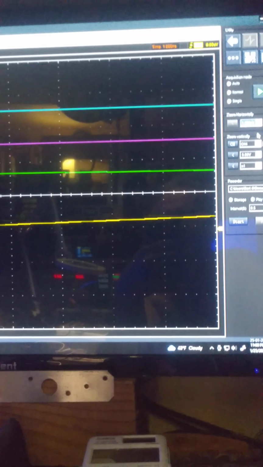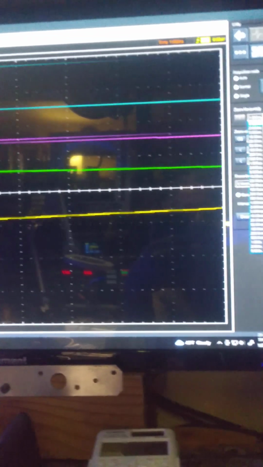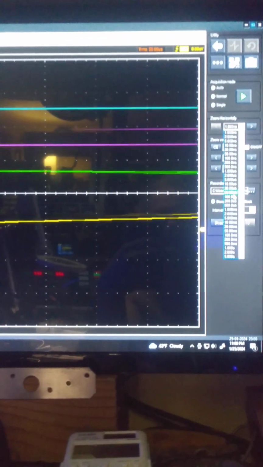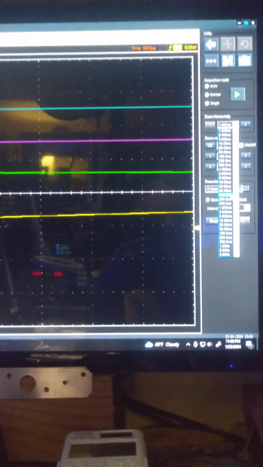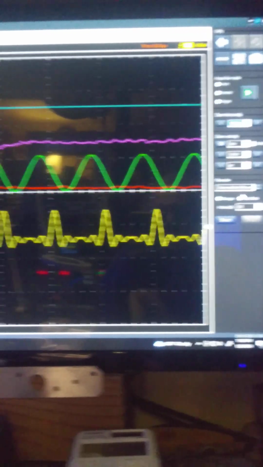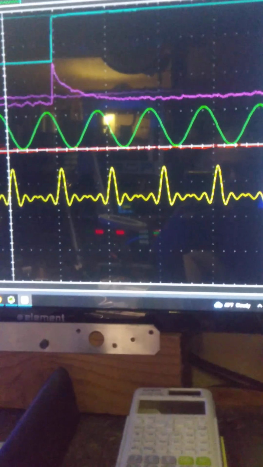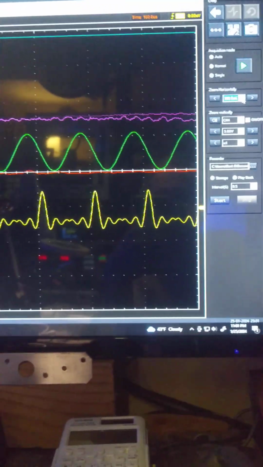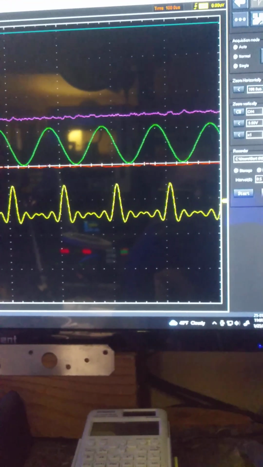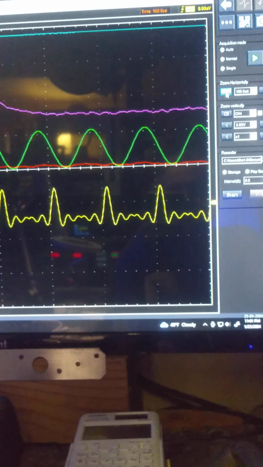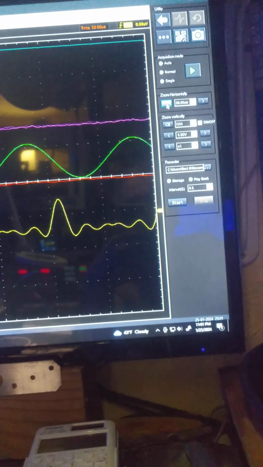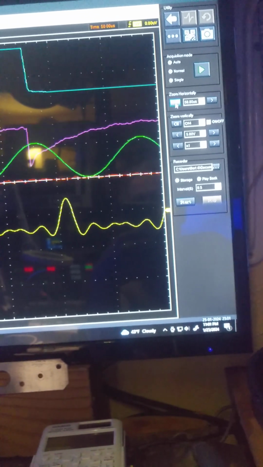I don't know how it would actually accurately resolve any of that if it's 2.5 megasample. But going back to 10 microseconds, 100 microseconds per division, that's where we're at. Going the other way, 50 microseconds.